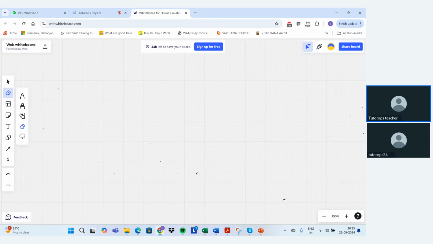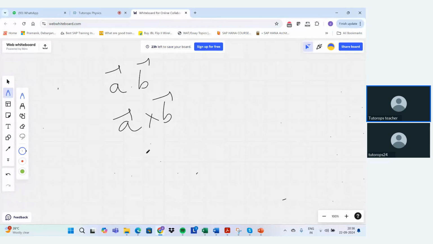Dot product we write as A dot B, and cross product we write as A cross B. The cross product is itself a vector, because the dot product is a scalar quantity. If A cross B is denoted by Z, this is also a vector.